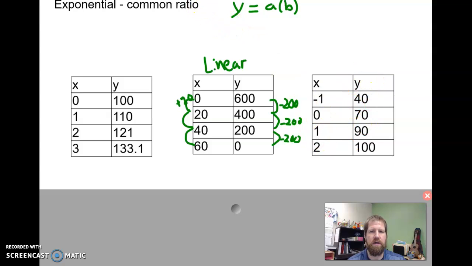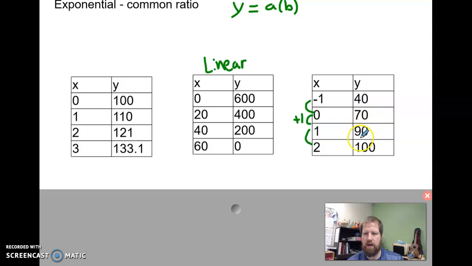If we look at this one, and I'm going to erase this just so I have some more room, I can first of all see I am consistent with my x, right? I'm increasing by 1 each time, so I'm good to go there. And then here, I'm increasing by 30, then here I am increasing by 20, and here I am increasing by 10.